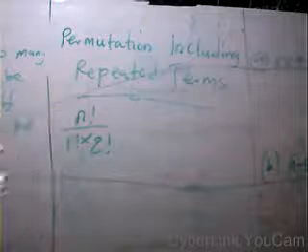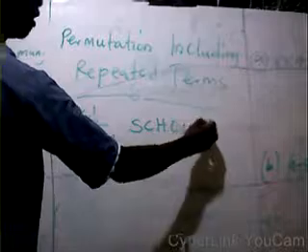Then the permutation will now be n factorial all over p factorial multiplied by q factorial multiplied by r factorial. What is the meaning of this? If you have, as we have it in the word school, for example, if you want to permutate that, school is S C H O O L.